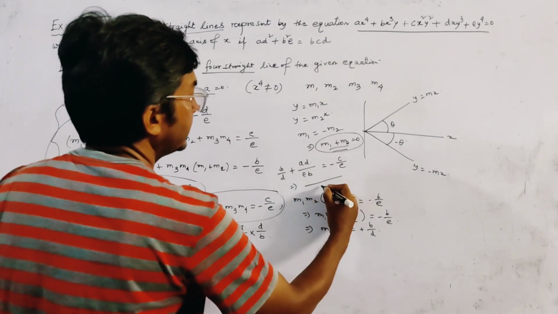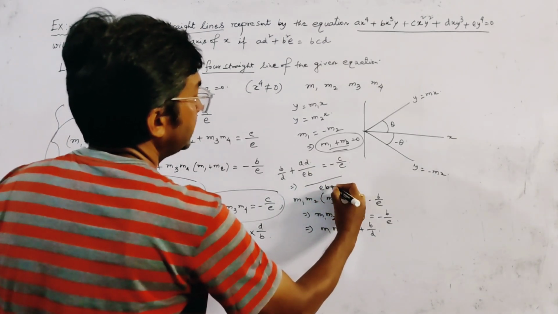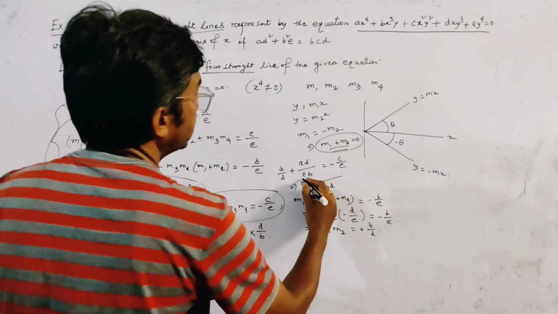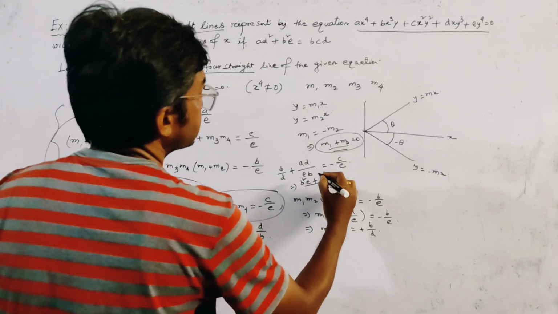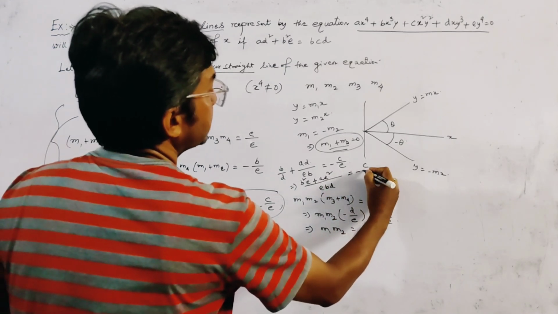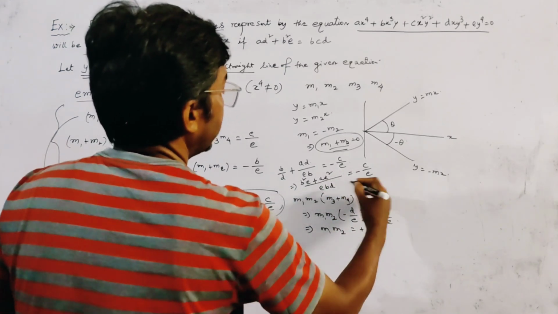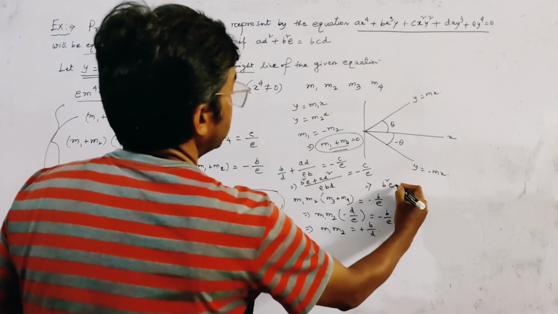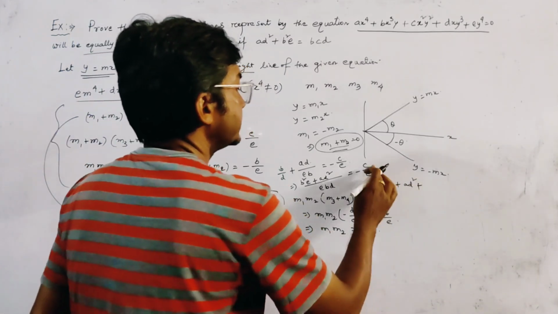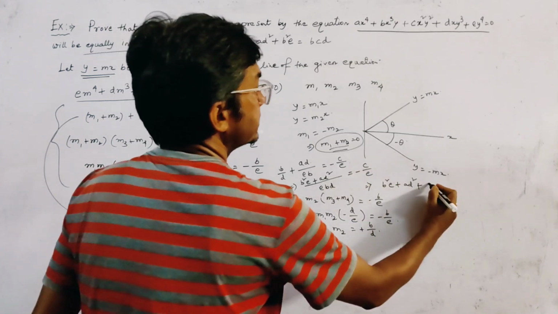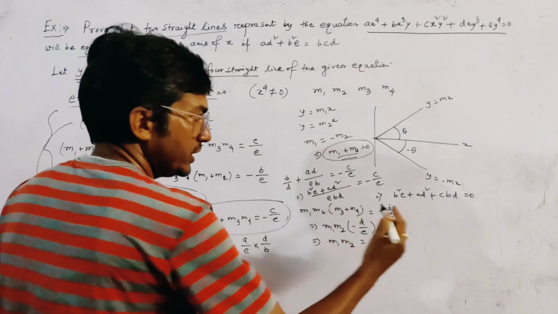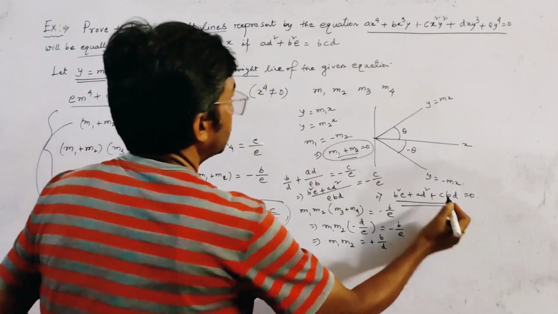Taking LCM e b d, this is b^2 e + a d^2, and the right side is minus c/e. So we get b^2 e + a d^2 + c b d = 0. Sorry, this is not our required proof.